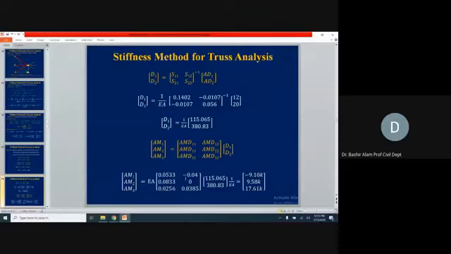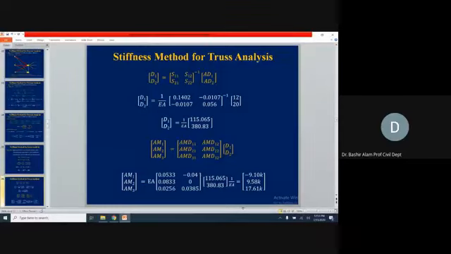We are just putting those values here in this matrix. This D matrix we found here. When we take the product of these two matrices, we find out AM1, AM2, and AM3. AM1, if you see, is negative, meaning it is compression. AM2 and AM3 are positive, meaning they are in tension.